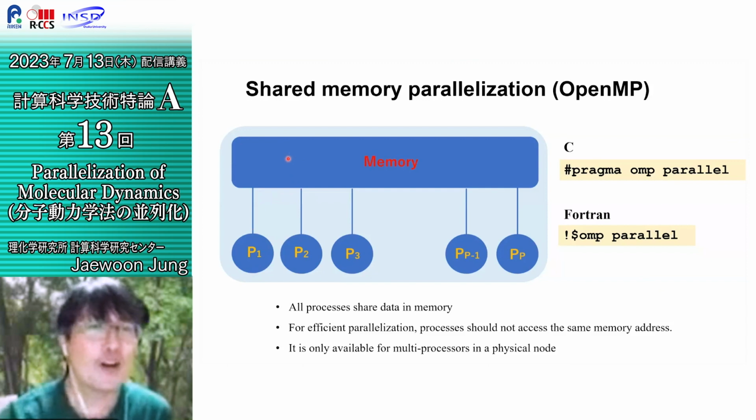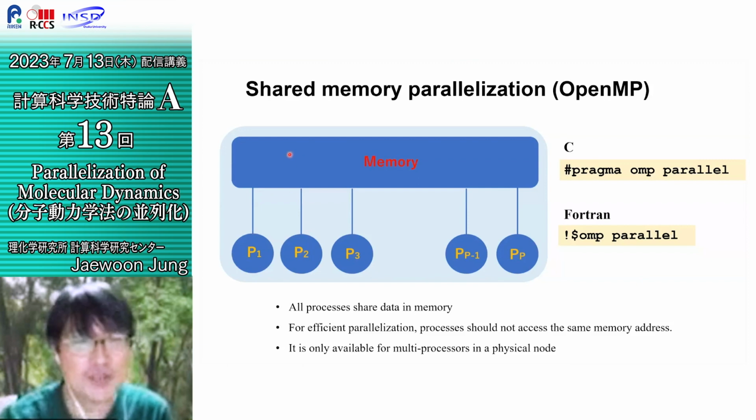But assume that when writing values to the same memory address, they access the same address at the same time. What will happen? This is a very critical consideration when you write shared memory parallelization using OpenMP.